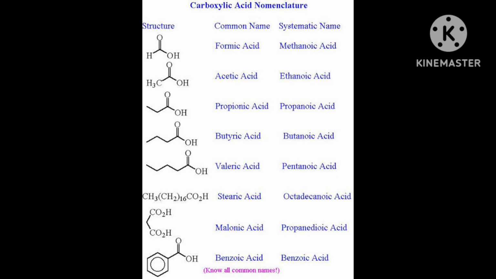Because of the possible resonance structures. In the carbonyl group, only a C and O double bond is there; the second oxygen is not there. But here, two oxygens are there. One oxygen is attached to carbon with a double bond, another with a single bond. Hence resonance structures are possible.